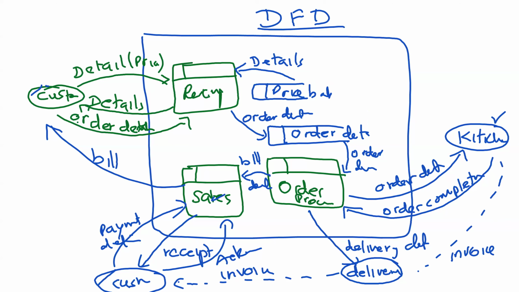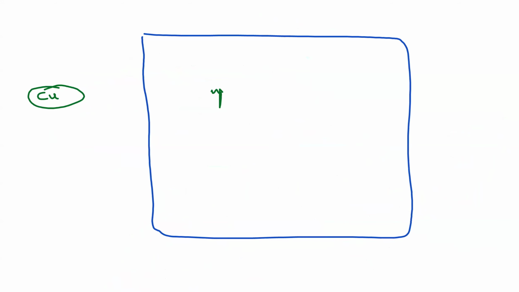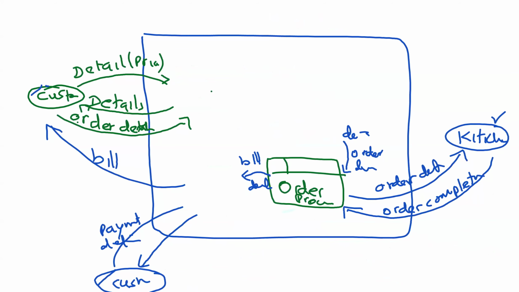Now, actually, this is DFD level 1. But there is also the context diagram. How to draw the context diagram? In our context diagram, internally we do not show these things. Internal things we are not going to show.